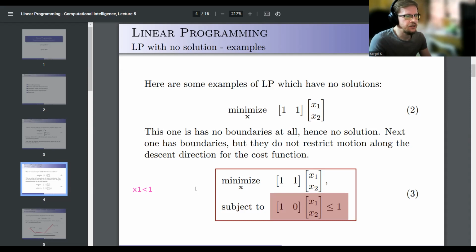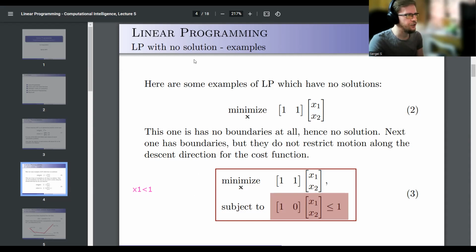So picking x1 less than 1 is actually very easy. It doesn't prevent us from doing anything. In fact, even if it was bigger than 1, it still wouldn't prevent us from anything, because we could always pick x2 to decrease. And we would still decrease infinitely.